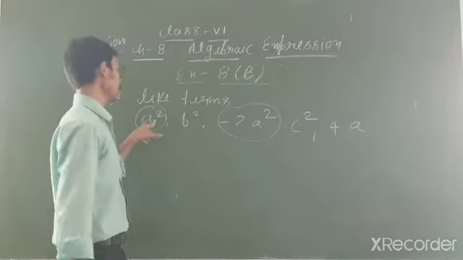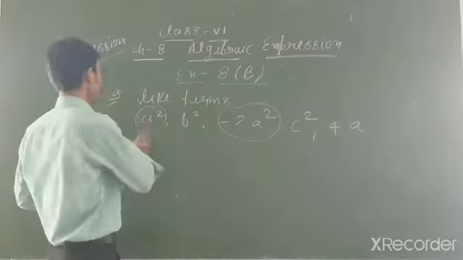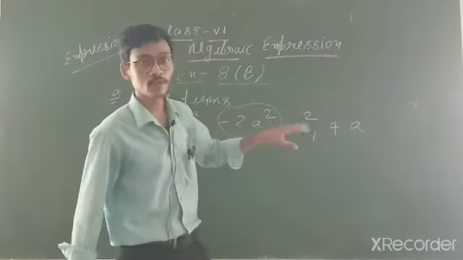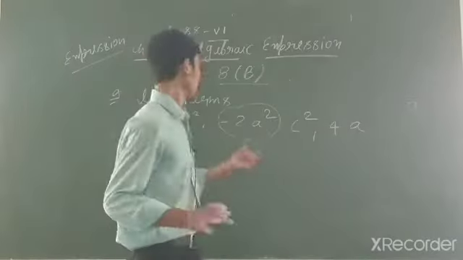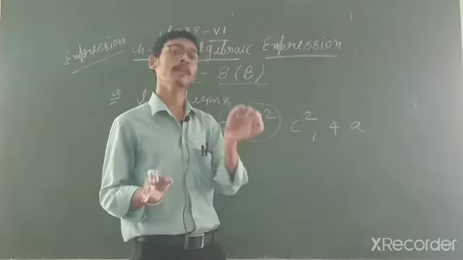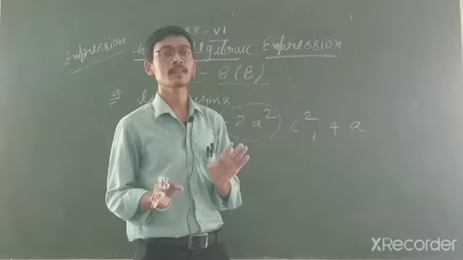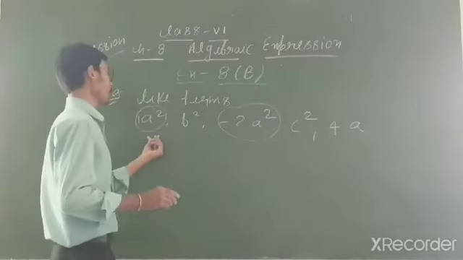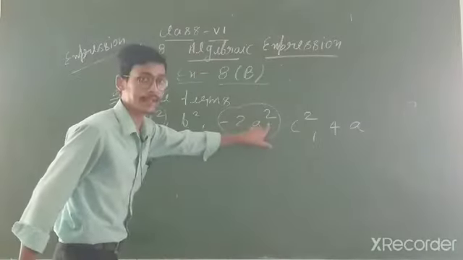Now here the variable is a square, and here the variable is minus 2a square. So there is no problem with the constant. Only you have to check the variable. If the variables are the same, you can say, sir, these are like terms. So here a square and here also a square is given. Clear, student?